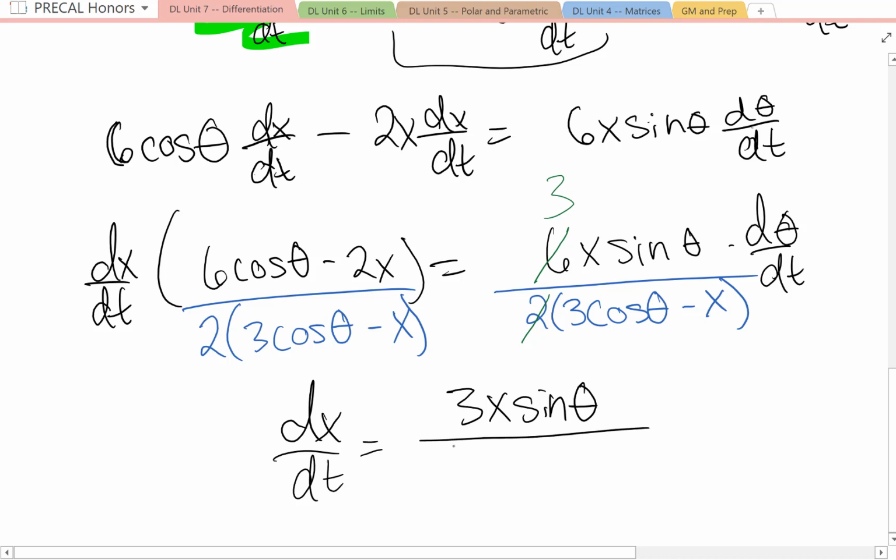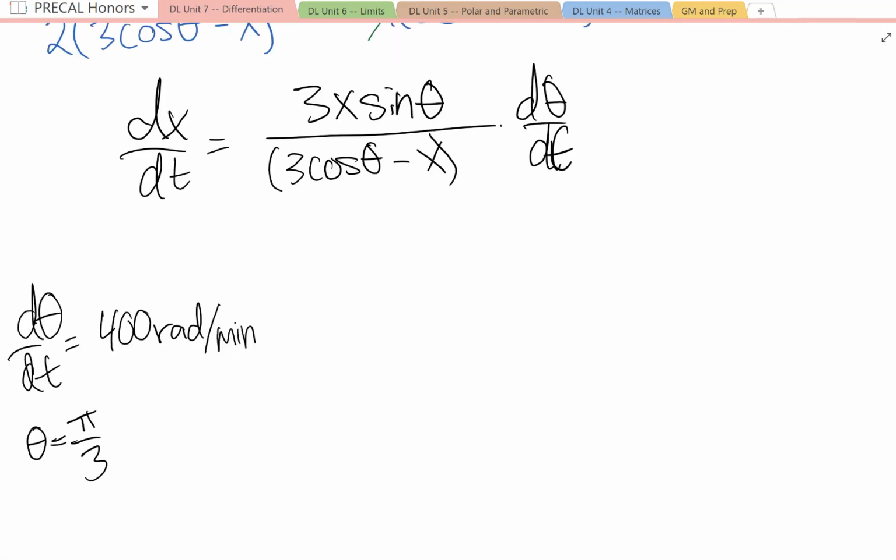So dx/dt equals 3x sine theta over 3 cosine theta minus x, times d theta/dt.